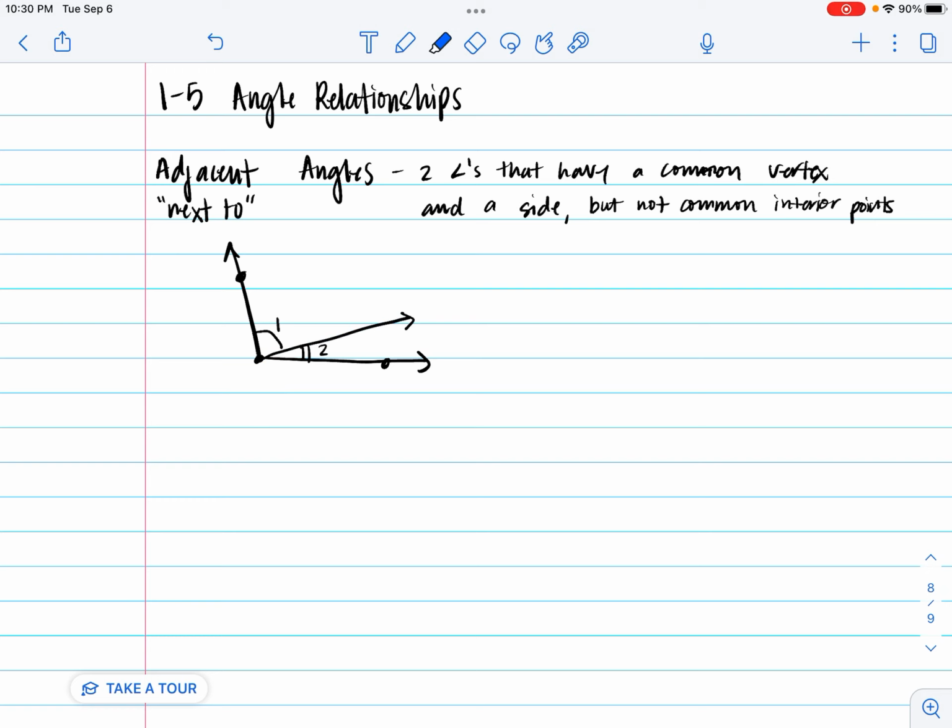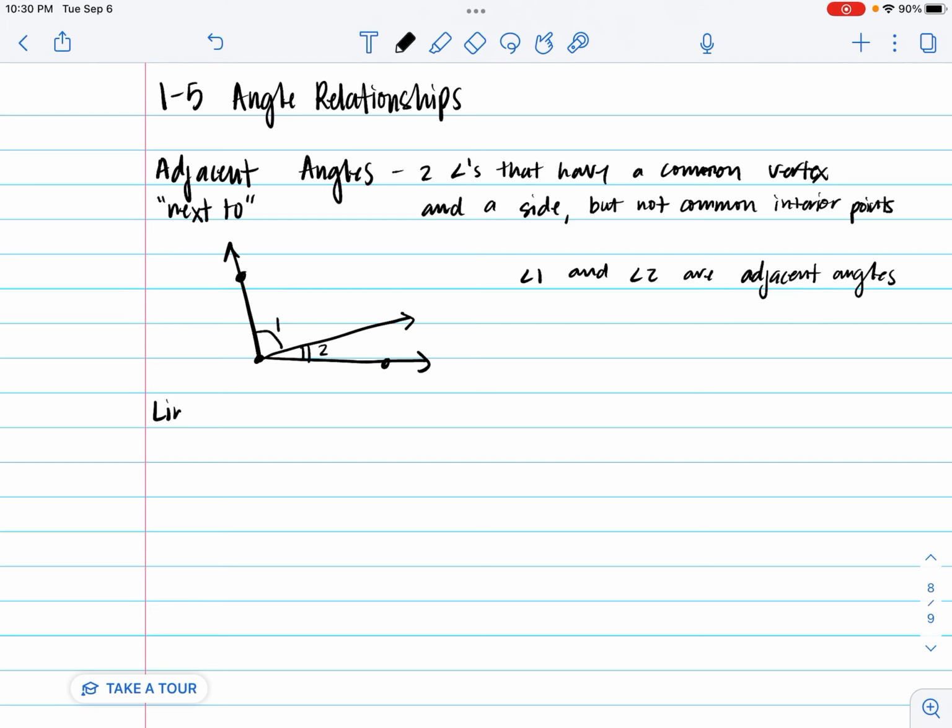So that's our vertex, and we could say angle 1 and angle 2 are adjacent angles. If you want to put the angle symbol, you could. That's perfectly fine. So that's our first definition. Adjacent literally just means next to. You have two angles that are next to each other.